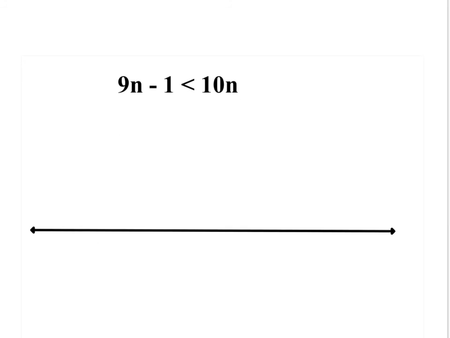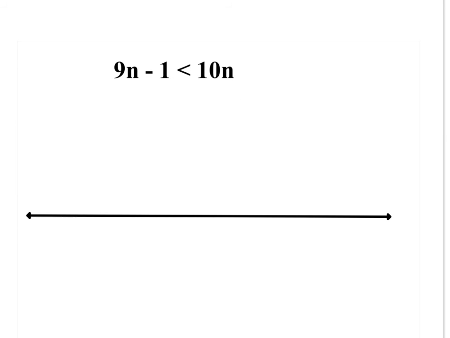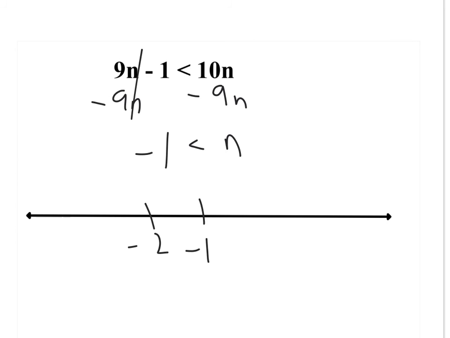Alright, write this one down. Alright, you see this? 9n minus 1 is less than 10n, so I gotta get the variable together. So I move this one over there. Negative 1 is less than n. So I would put a number line with -1, -2, let's go 0.